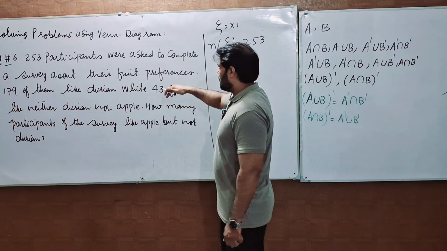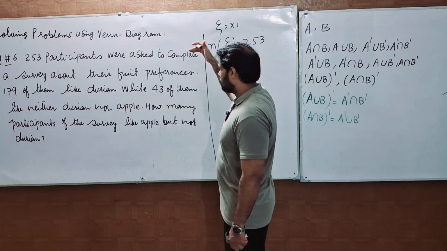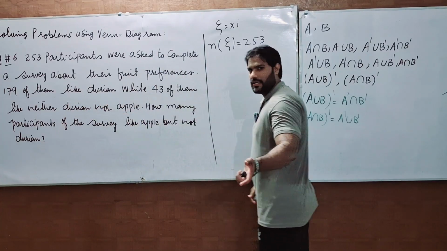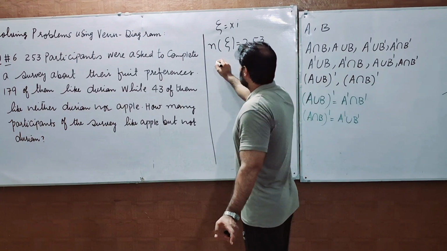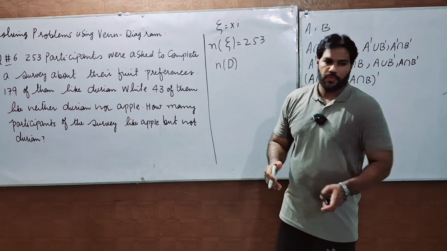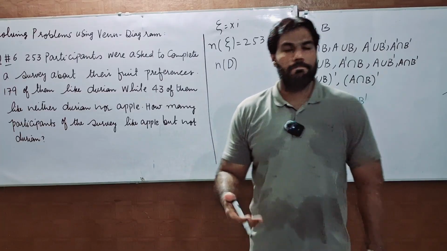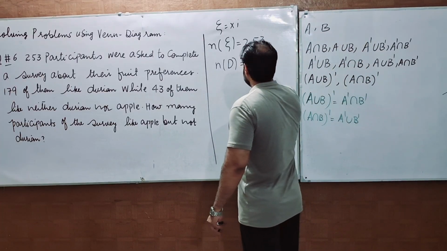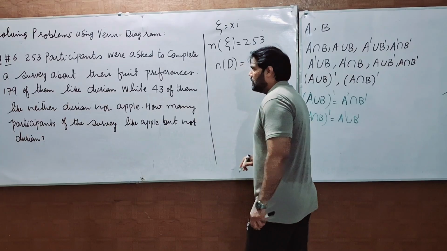After the survey, which is for fruit preferences, 179 of them like durian. Durian is a fruit name. So let the set D represent the participants who like durian. Their number is 179 here.